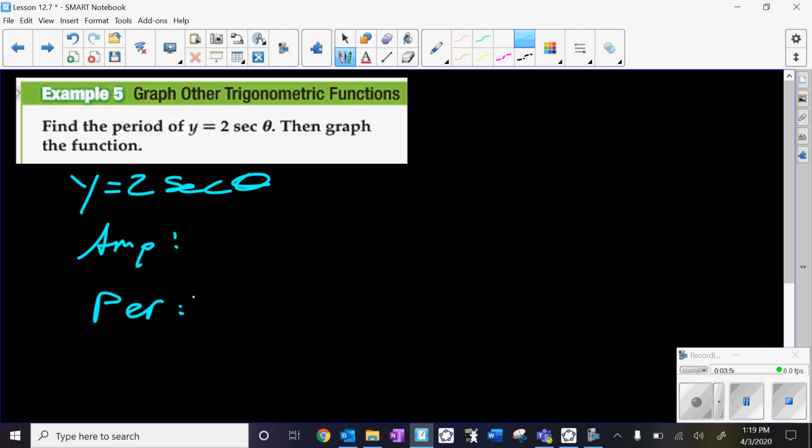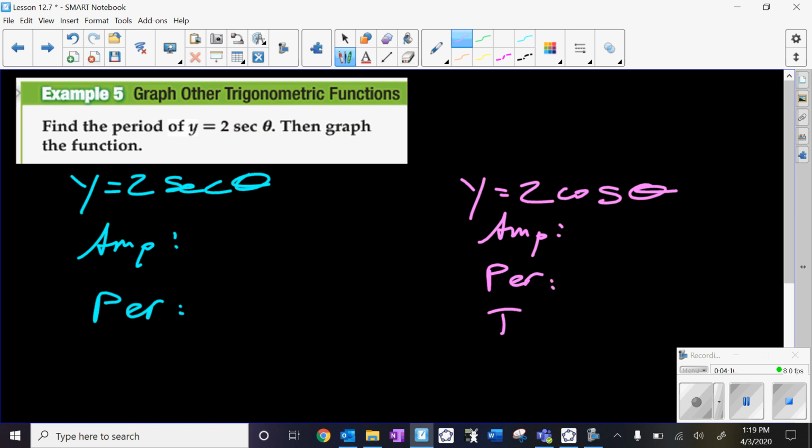But in order to graph 2 secant of theta, I really need to focus on y equals 2 cosine of theta at the same time, since secant comes from cosine. Over here, I want to know the amplitude of the cosine, the period, and the intercepts as well.